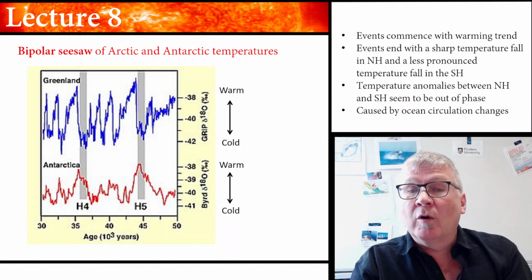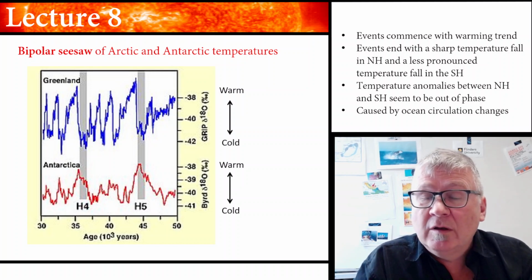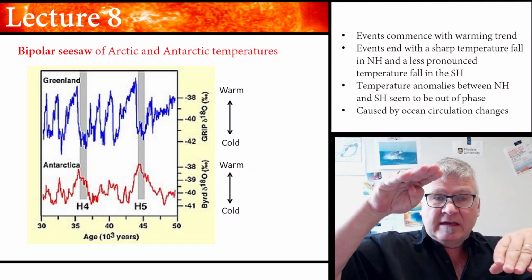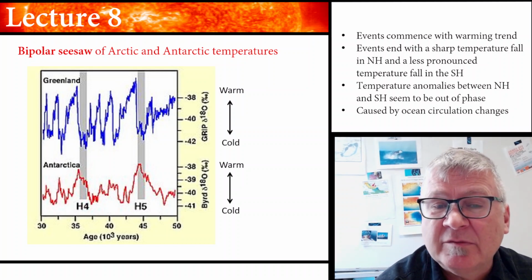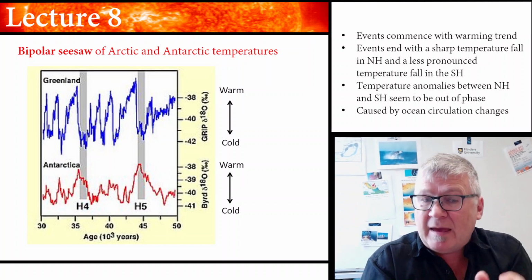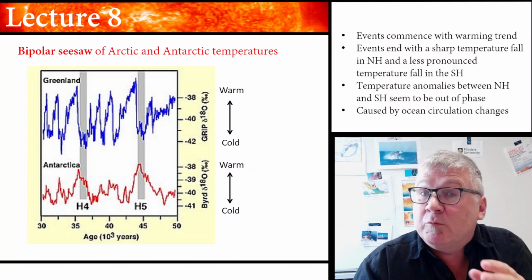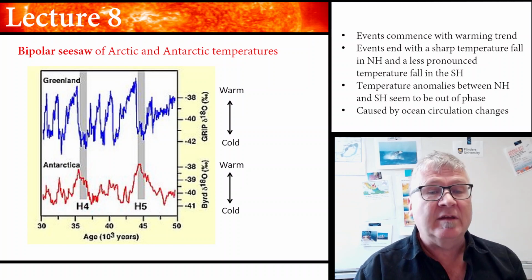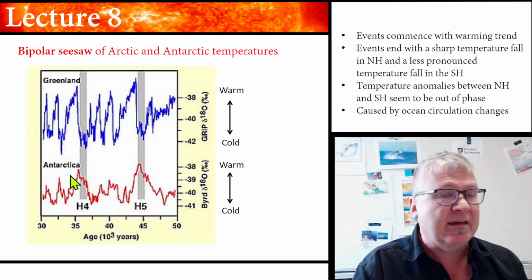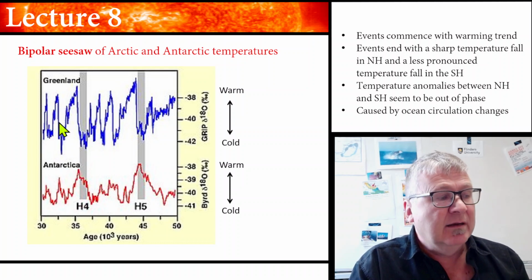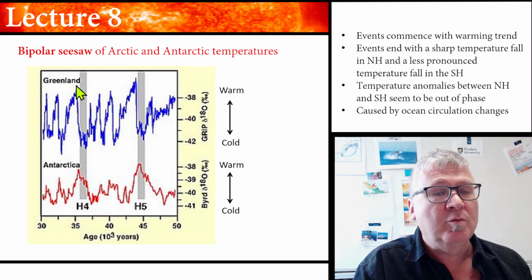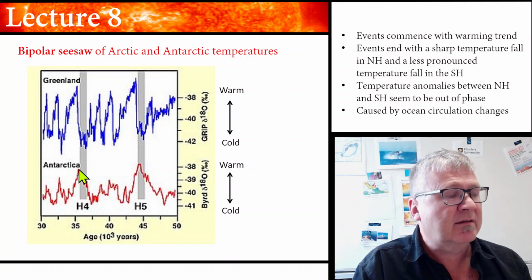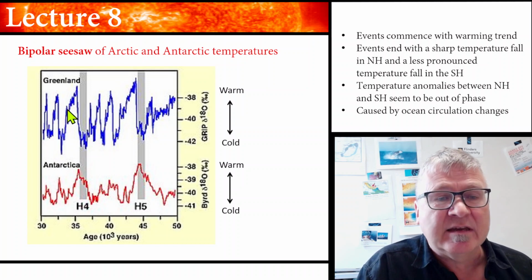This is what we call a seesaw. It's opposite: one up and one down. However, it's actually not so. There's something happening here in these areas. I will not go into the details. I'll just show you that both events actually start before with a global increase in temperatures. Both Antarctica and Greenland have this increase.